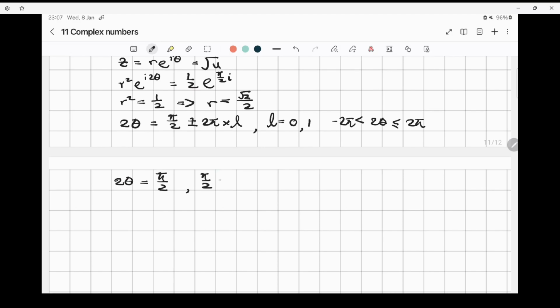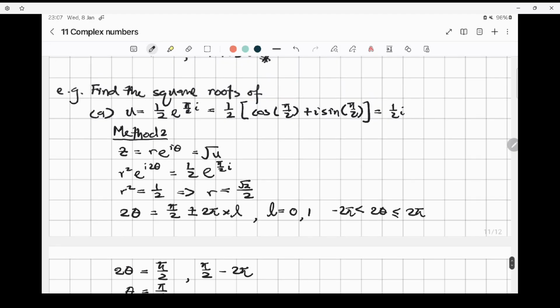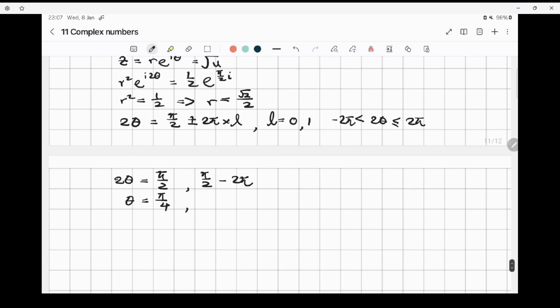So you definitely can't do the plus, because if you do the plus, it will exceed the upper limit. So you can only do the minus. So theta either is pi over 4 or minus 3 pi over 4.